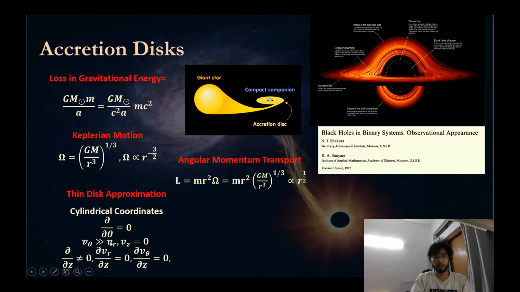It might not be a Bondi flow kind of case, but completely general, where the radial velocity could also be significant instead of just the angular velocity dominating. Those are basically called advection dominated accretion flows, ADAF. It was worth pointing out, and those are also an active area of research in accretion.